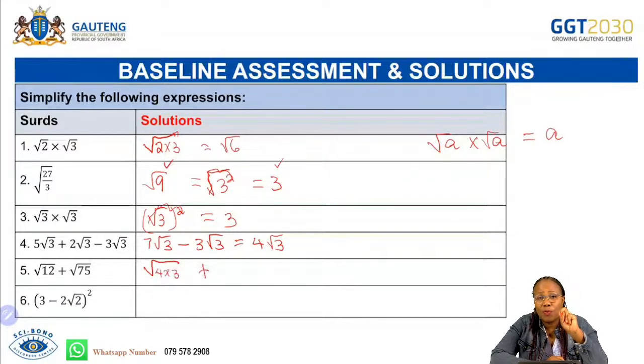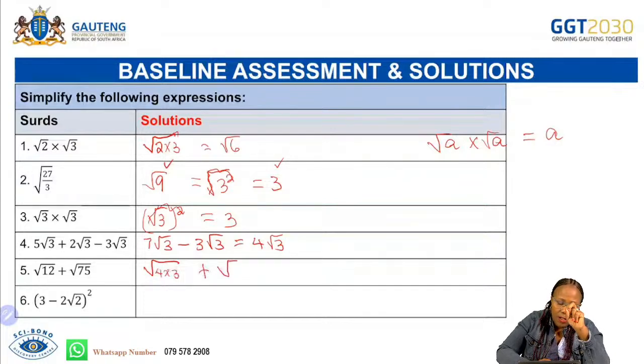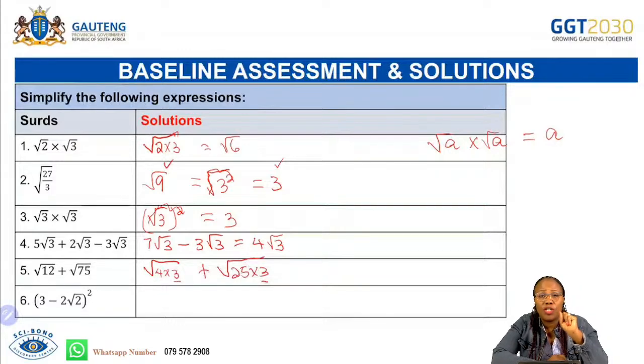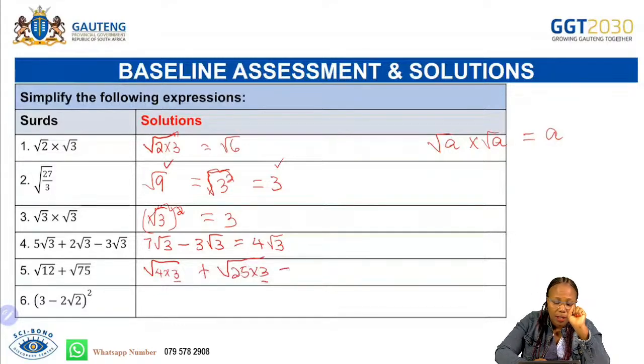2 numbers that you multiply give you 75. One of them must have a square root. That is 25 times 3. And then this will give you the square root of 25 times 3. Can you see you have created something common on both, which is square root 3, square root 3 there? There must be some link in terms of your creation there.